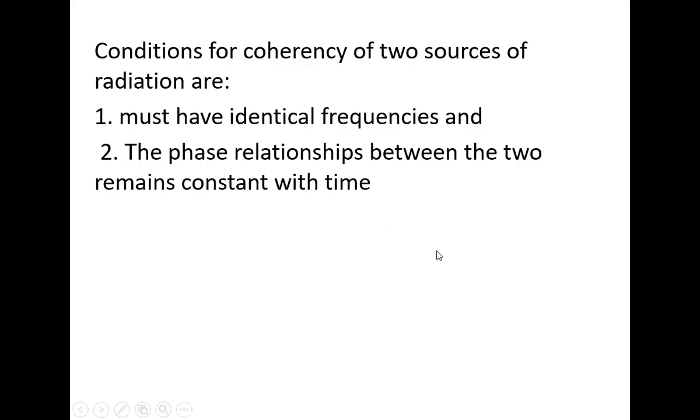The phase relationships between the two waves or the two sources of radiation must remain the same. Okay, identical frequencies. You have two sources of radiation with identical frequencies, they will be coherent.